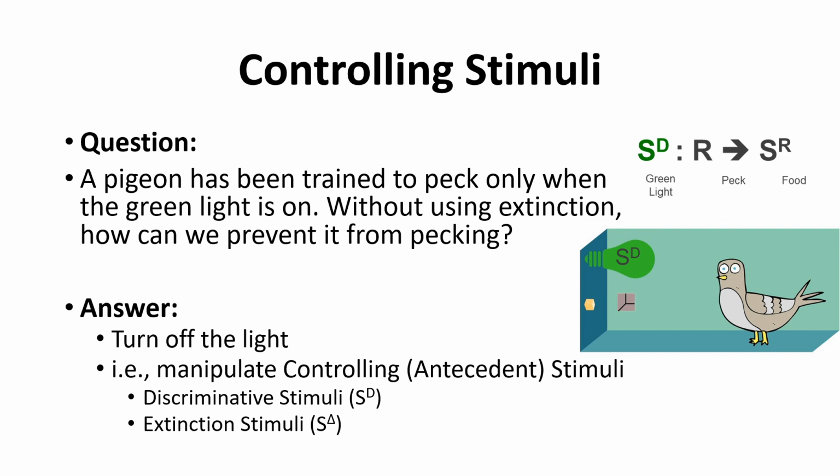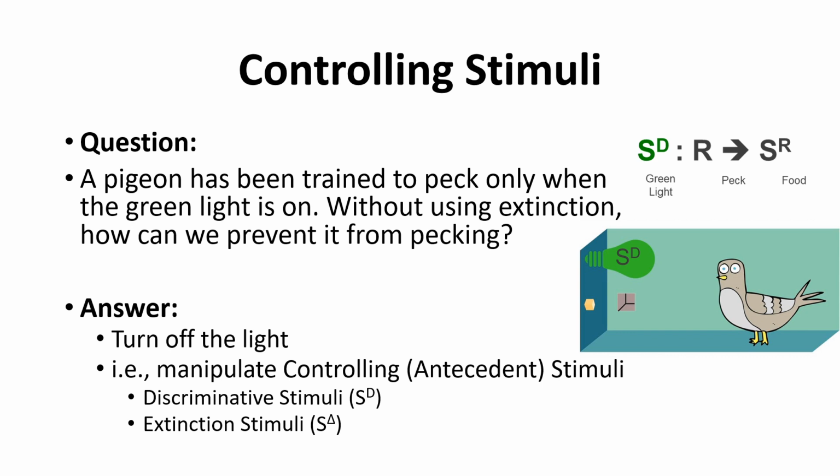Well, we can change the situation. If we remove that SD, if we change the situation so that now it's an S delta, it's an extinction stimulus, there's no light present, then the pigeon shouldn't peck because that SD is controlling or manipulating our situation.